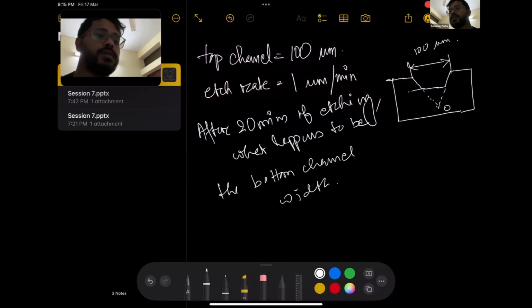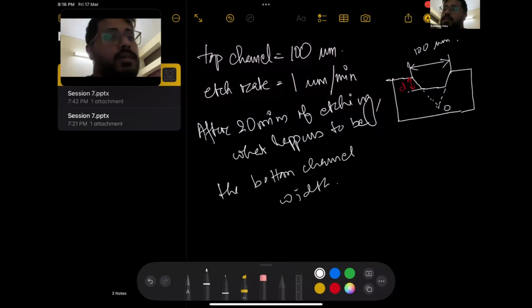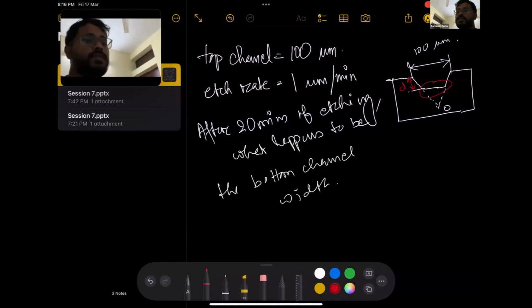Let's take this particular distance as D. The question asks what happens to your bottom channel after 20 minutes of etching.